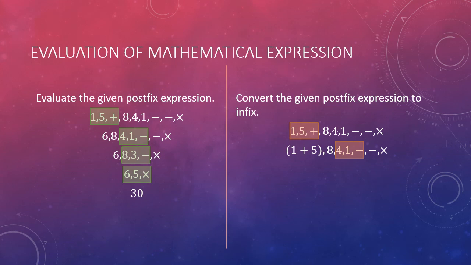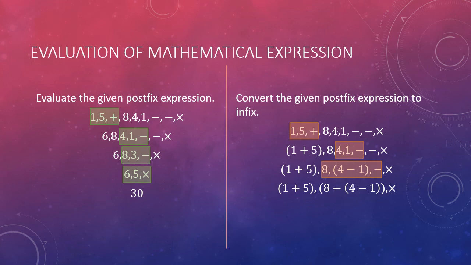We can write them as 4 minus 1 in brackets. Now we find the desired pattern in 8 4 minus 1 minus, and this can be written in infix as 8 minus 4 minus 1 whole.